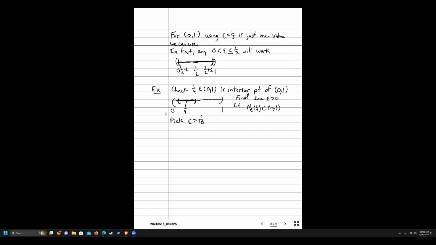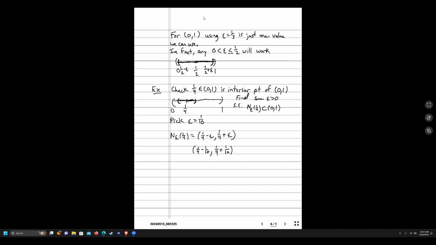I just chose something, and I'll show that this works because the epsilon neighborhood about 1/4 would be the interval from 1/4 minus epsilon to 1/4 plus epsilon, and so I'm using 1/10, and then check that that's contained in 0 to 1.